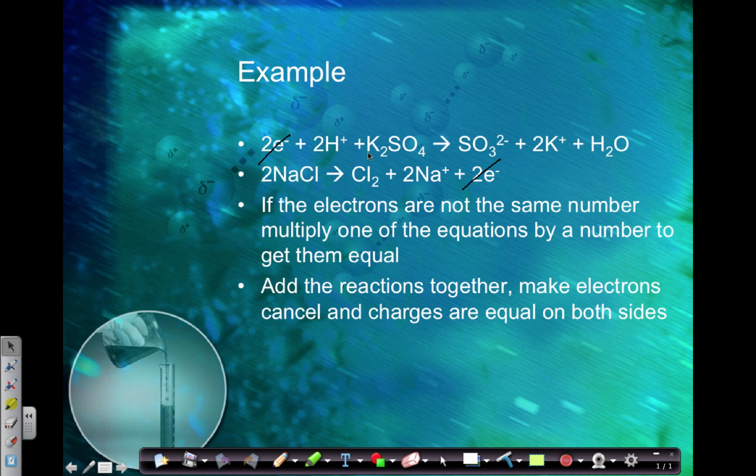Hydrogen, there's no hydrogen here. That doesn't appear on both sides. Okay, so this is pretty easy. So now I'm just adding them together.